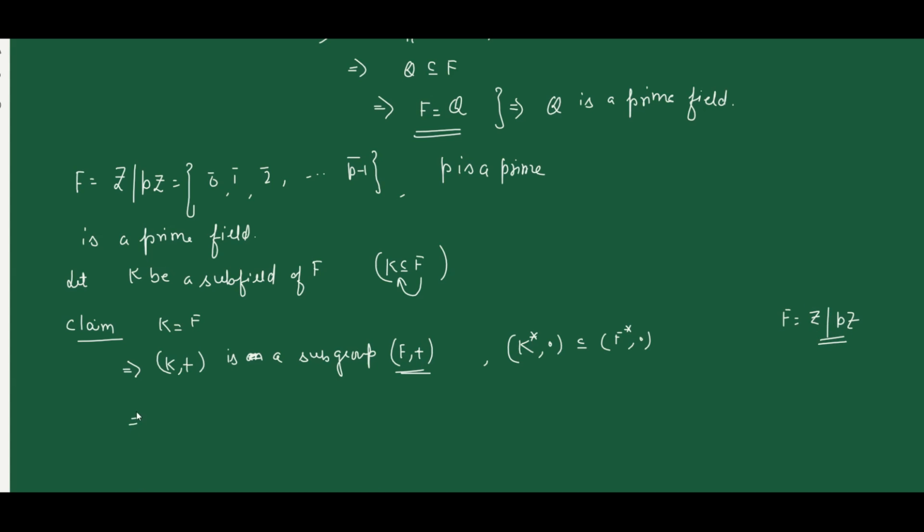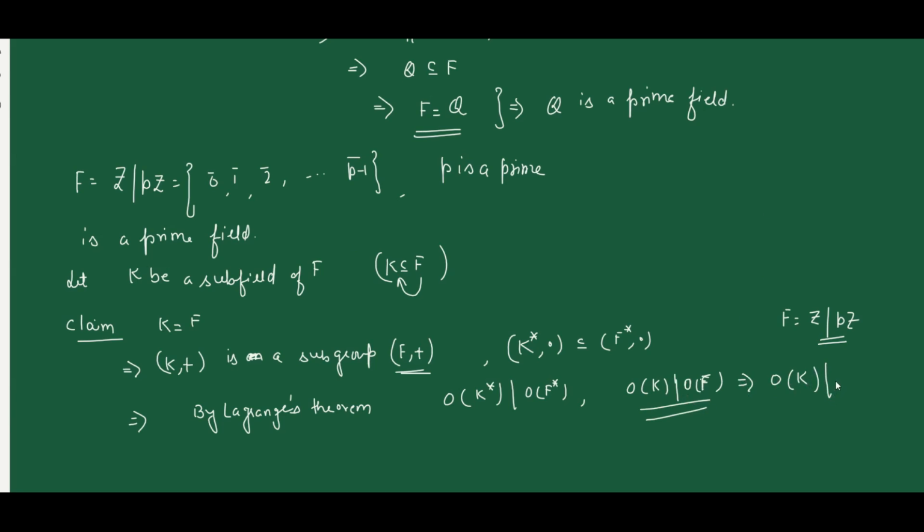So by Lagrange theorem, order of K star divides order of F star, and similarly order of K divides order of F, because both are subgroups of F. So this implies that order of K divides P.